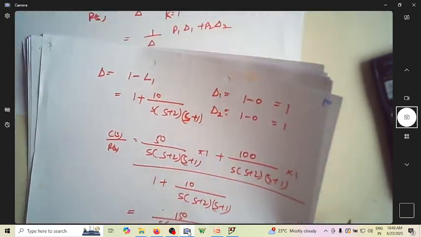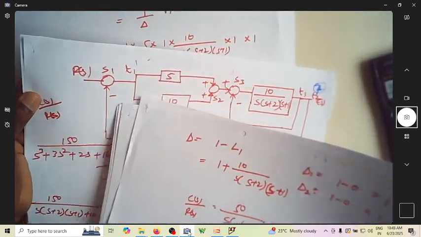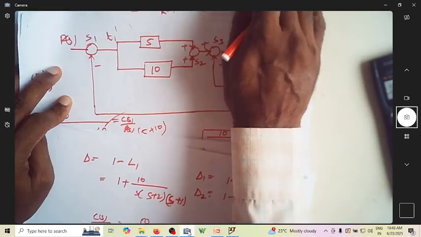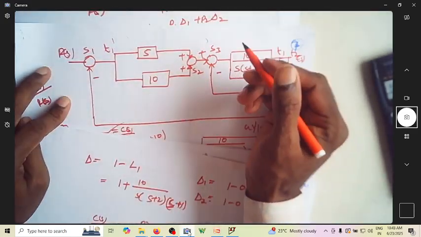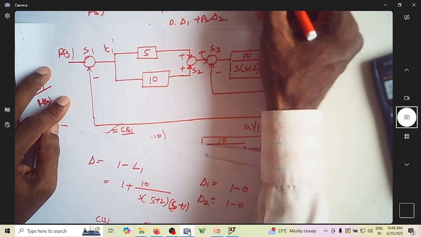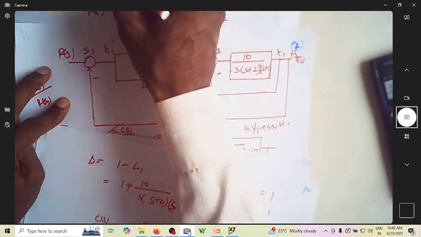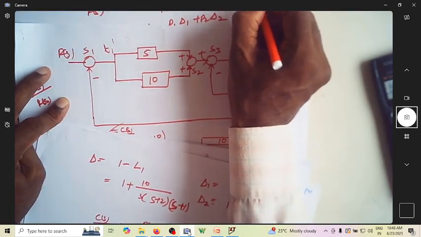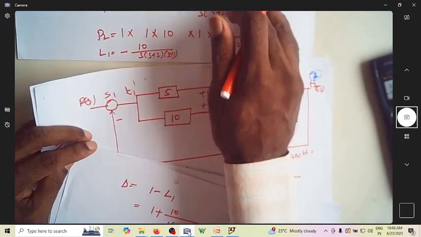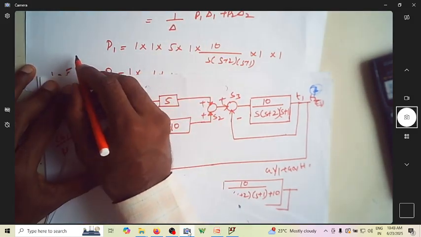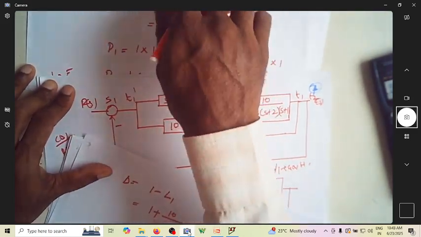So what is the one more loop? One more loop is this between P2 to S1. So shall we write this also? Where is that? Let me write this, T2 to S1. This is minus 1. So I have my second loop. What is L2? L2 is nothing but the entire multiplication.